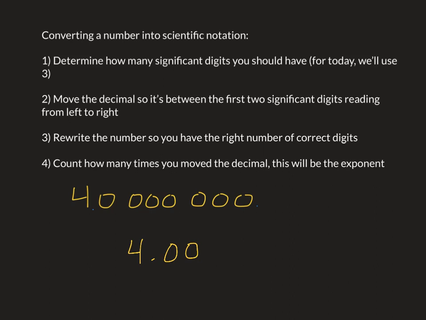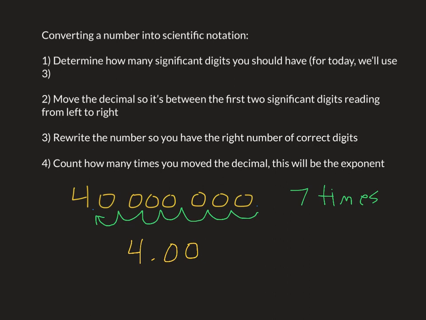The last step, and this is where we figure out that times 10 piece, is to count how many spaces I moved the decimal. So starting with where it was, I moved it 1, 2, 3, 4, 5, 6, 7 times, okay? That number, that 7, is going to end up becoming the exponent on our 10.